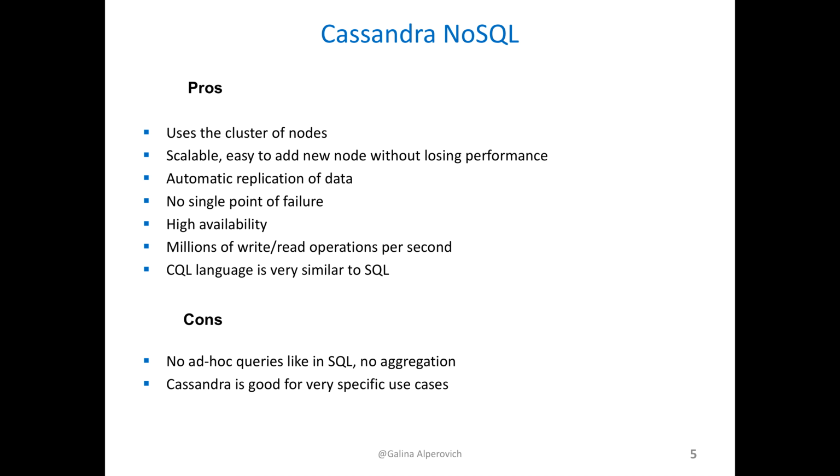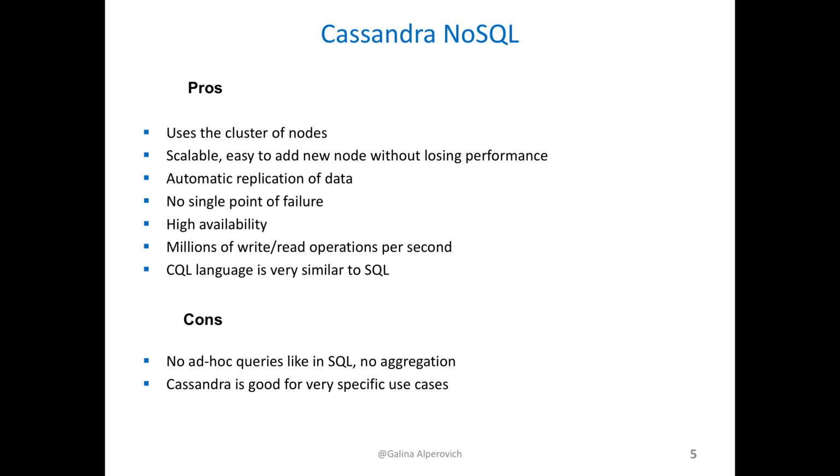First of all, the Cassandra database uses clusters of nodes, and it's very scalable. It's easy to add new nodes, and the writing and reading performance grows linearly when you add new nodes. Also, it has automatic replication of data, so your data is safe.